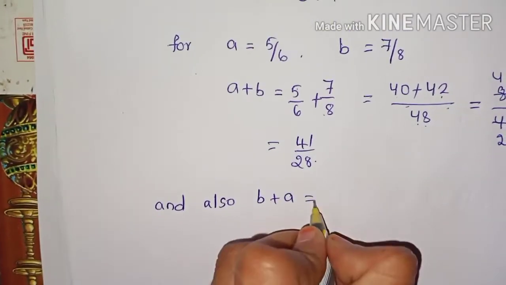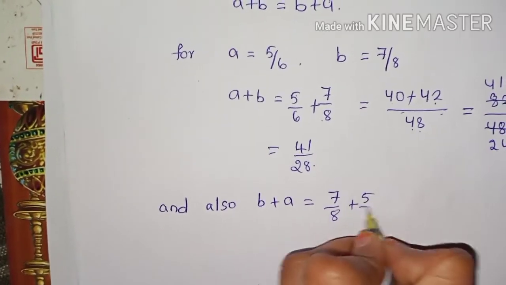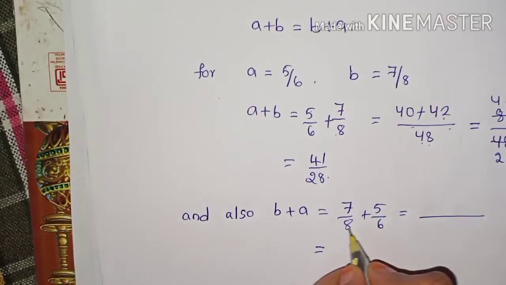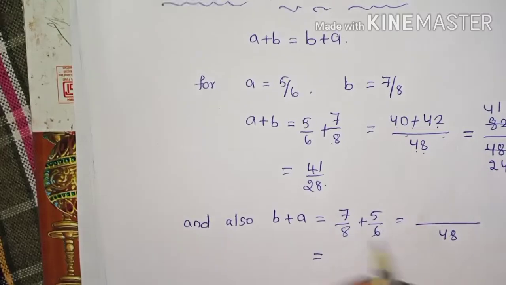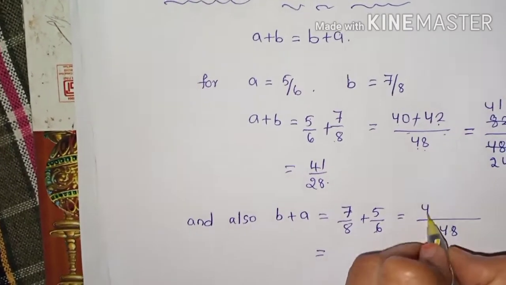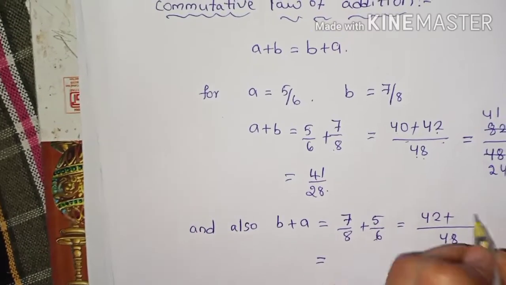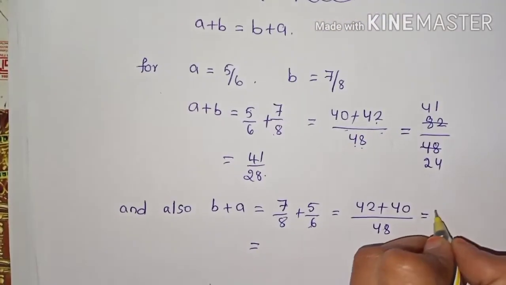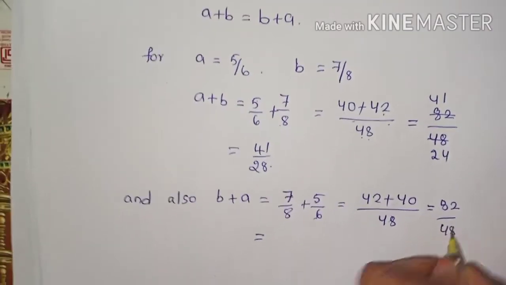And also B plus A equals to, what is the B value? 7/8. What is the A value? 5/6. 8 6s are 48. 6 7s are 42. Plus cross multiplication, 8 5s are 40. 42 plus 40 equals to what? 82 by 48.